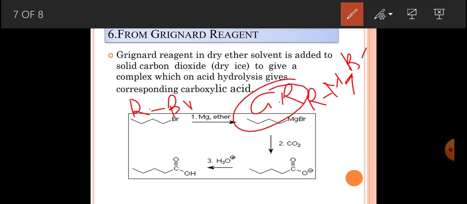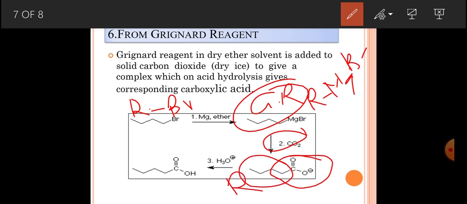So Grignard reagent when prepared, it is going to react with what? Dry ice. Dry ice क्या होता है? It is solid carbon dioxide, and then it is going to form this carboxylate ion. Carboxylic acid, यहाँ पे H नहीं है. You can see the negative charge, so it is carboxylate ion, and this whole thing is nothing but R. ठीक है.